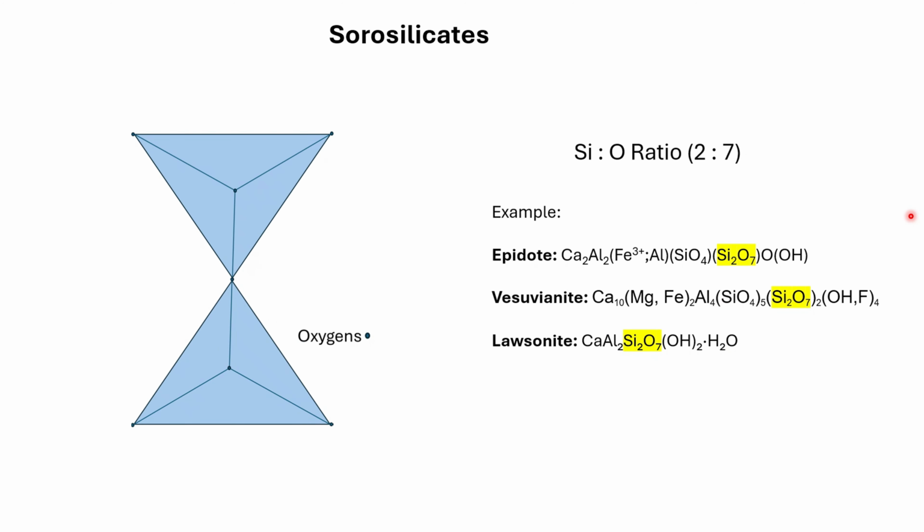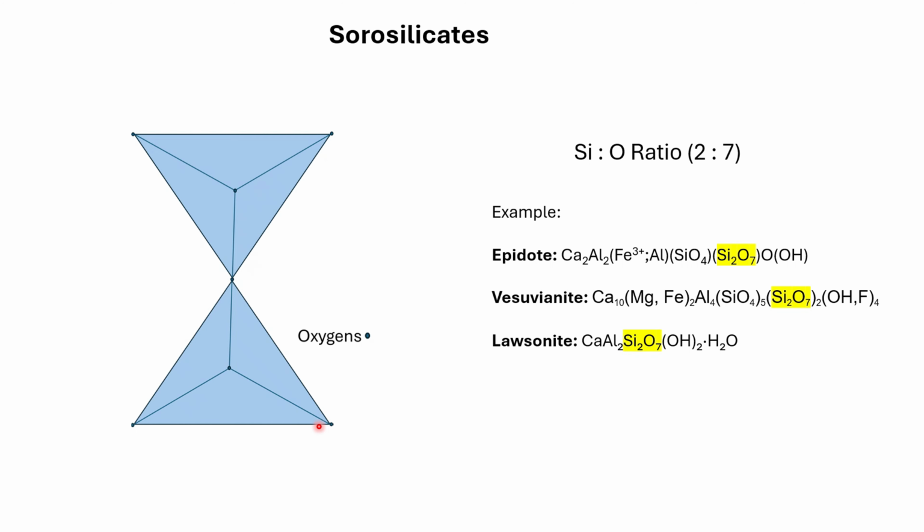So next we have sorosilicates, and it's pretty easy. Again, the ratio is 2 to 7. So there are two silicons and 7 oxygens. Let's count them: 1, 2, 3, 4 shared here, 5, 6, 7.